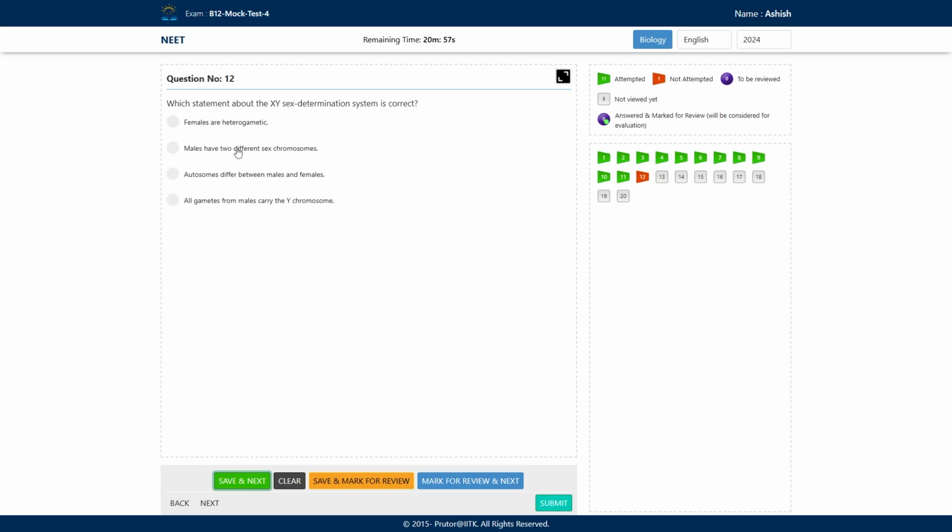Then B is males have 2 different sex chromosomes. Third option is autosomes differ between males and females, so do the number of autosomes differ in male and female? Option number D, all the gametes from males carry only the Y chromosome. Means do all the sperms carry only the Y chromosome? What will be the correct answer?